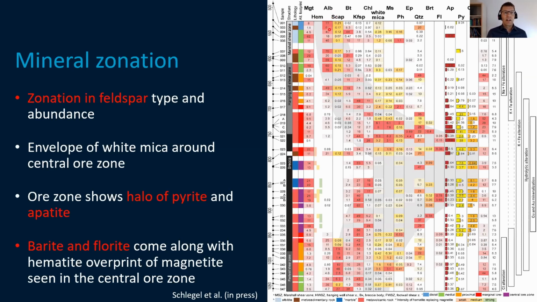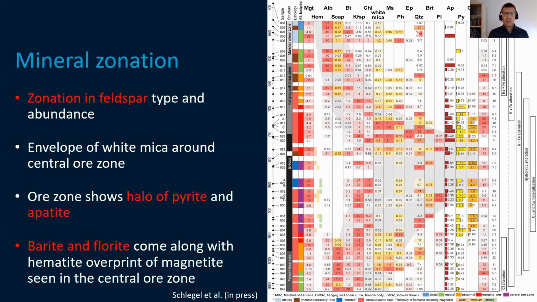If we switch to the top part, we see the known mineral alteration zonation: albite, scapolite dominant rocks grade into biotite dominant rocks, then into K-feldspar, and then chlorite comes in, and at the boundary zone on both sides of the ore zone, you see an increase of white mica. Another interesting mineral here is quartz.